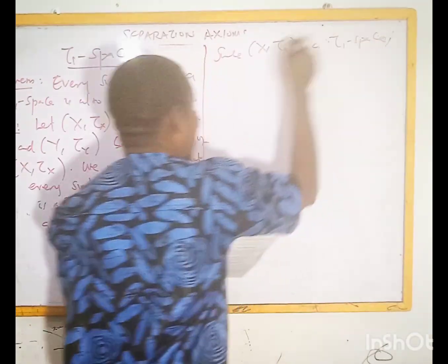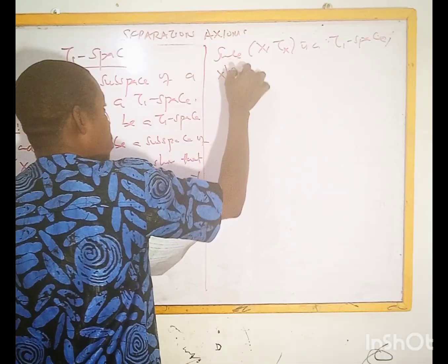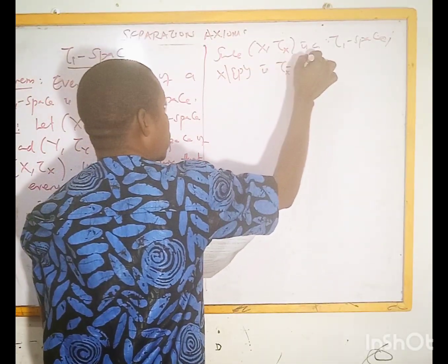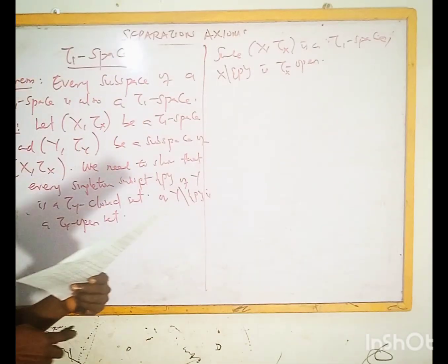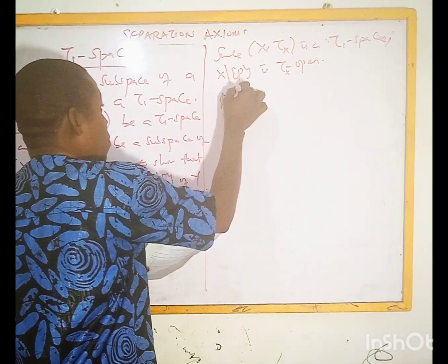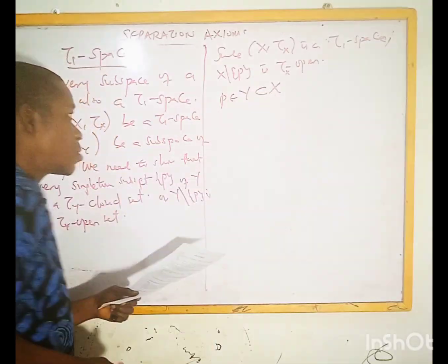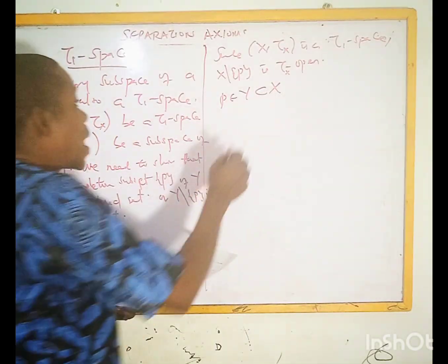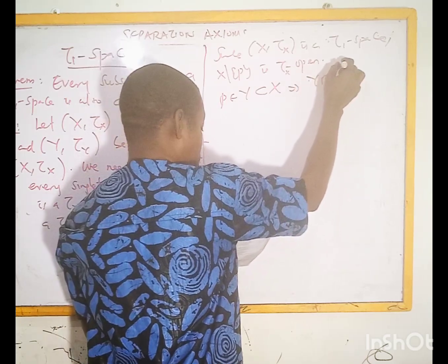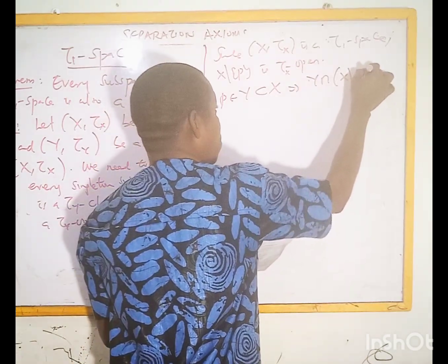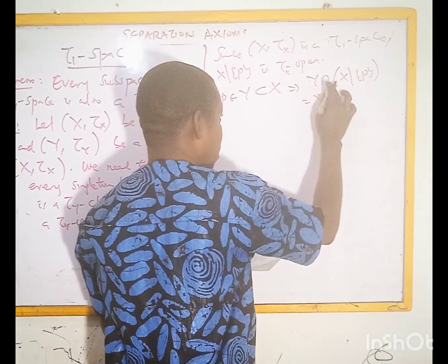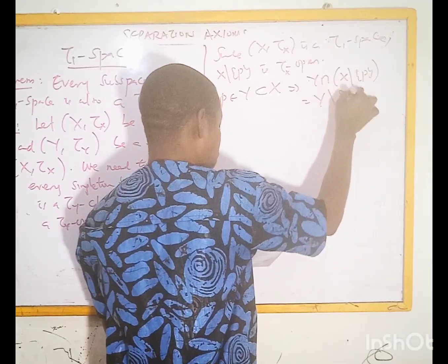Now, then I can say that X minus {p} is tau open. How's that? It is tau open. So, but Y can be the restriction of X. Can you see that? The restriction of X implies that Y intersection (X minus {p}), you are removing that one out, must give us Y minus {p}.